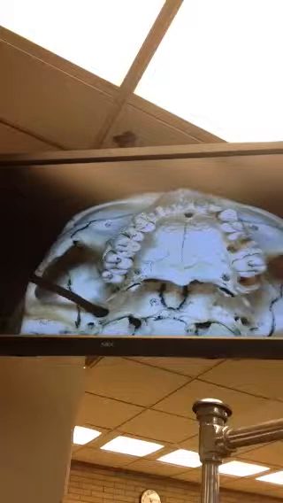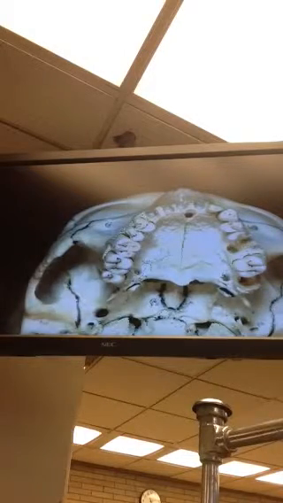As we go farther forward here, we see some structures on the maxilla. Externally, we see here, this is the lateral pterygoid plate. This is the tuberosity area of the maxilla. This opening here is referred to as the pterygomaxillary fissure.